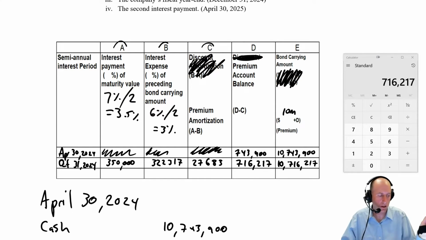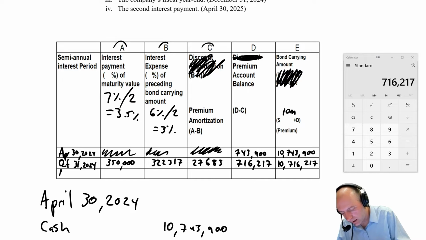Okay, so that's October 31st. The next interest payment is April 30th, 6 months later. So November, December, January, February, March, April. So yeah, that's right.